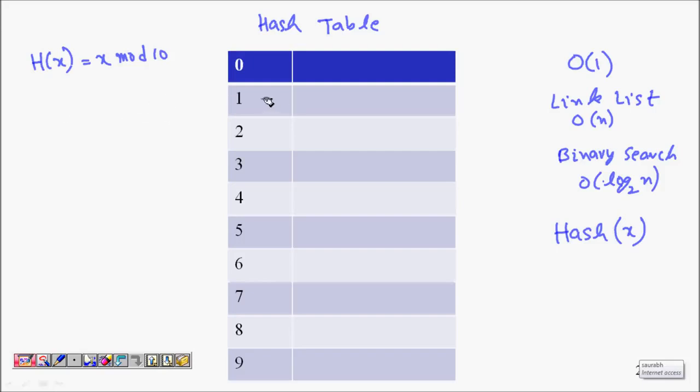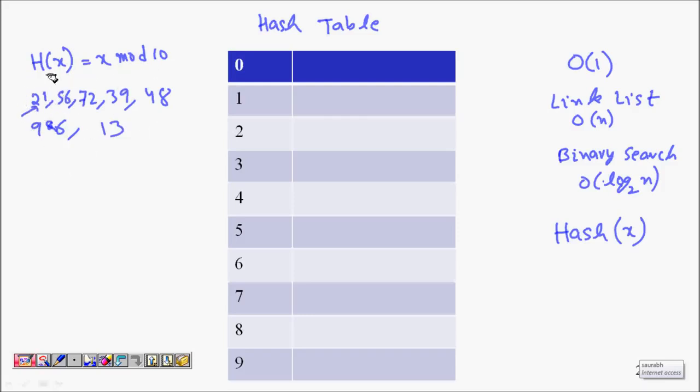Now we take some inputs: 21, 56, 72, 39, 48, 96, and let's say 13. What happens when we are inserting these elements?